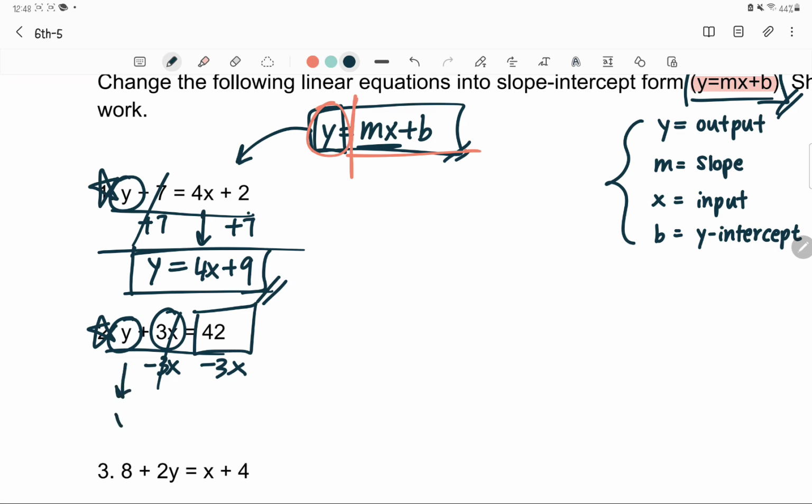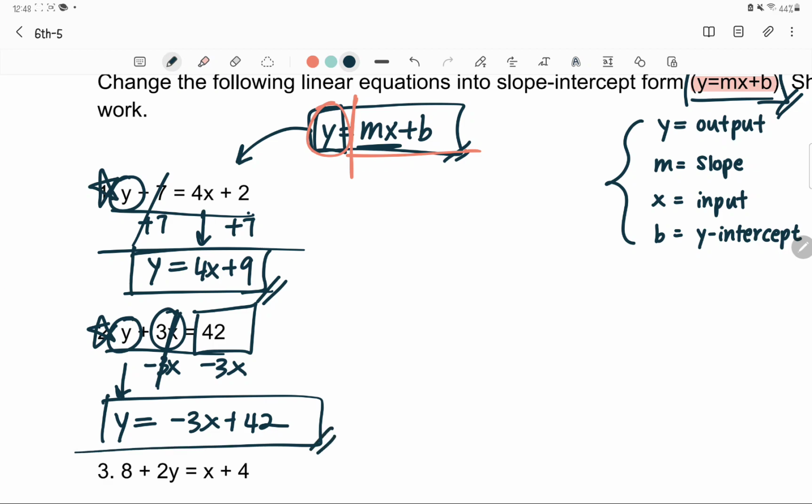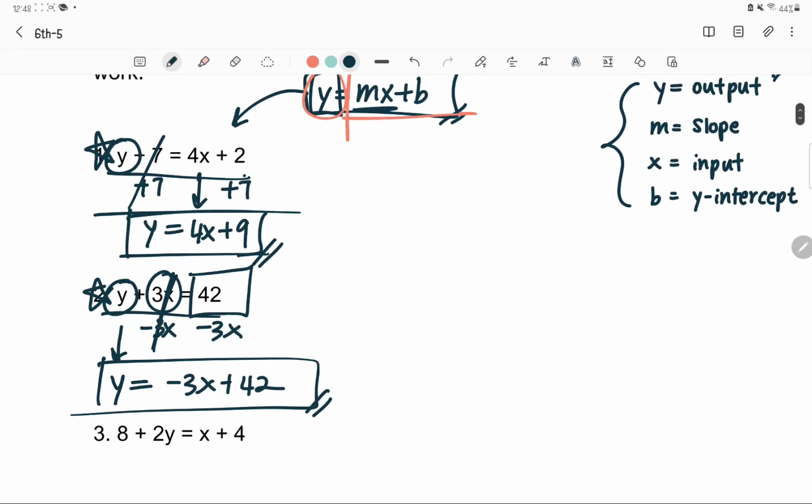So y stays the same, and since you cancel out 3x, you add negative 3x plus 42. So your answer for number 2 is y equals negative 3x plus 42.